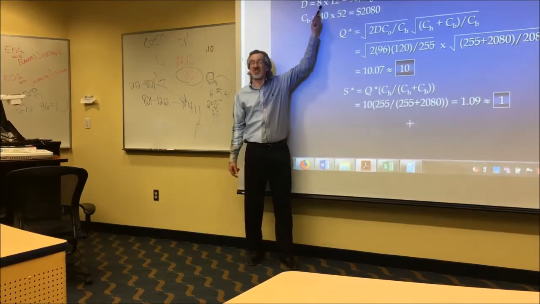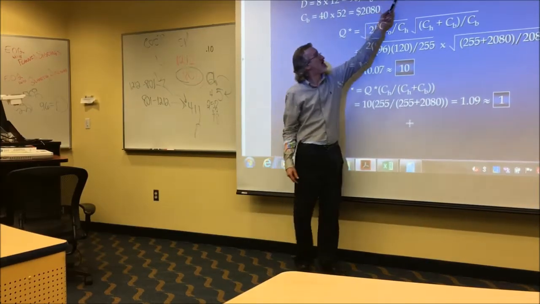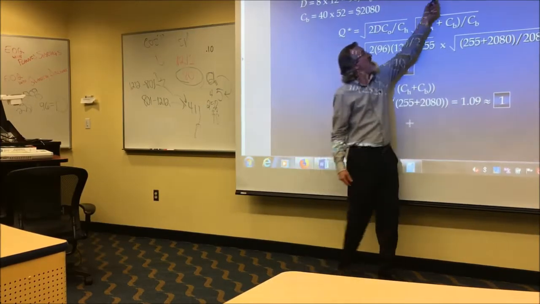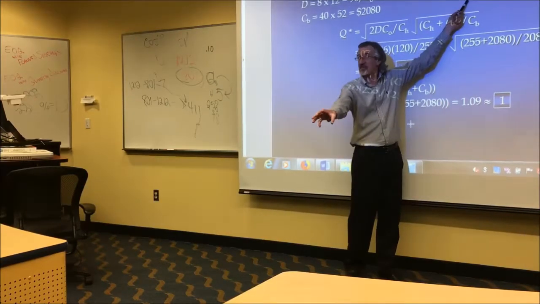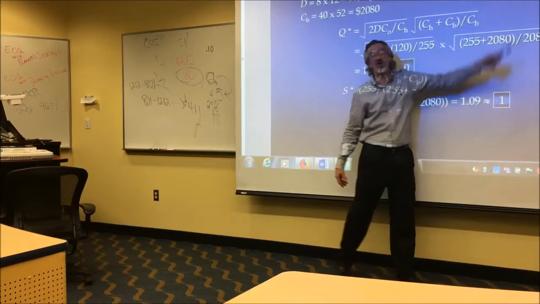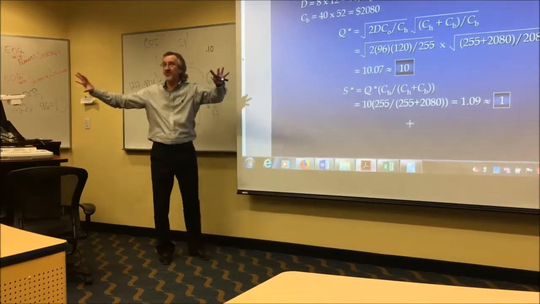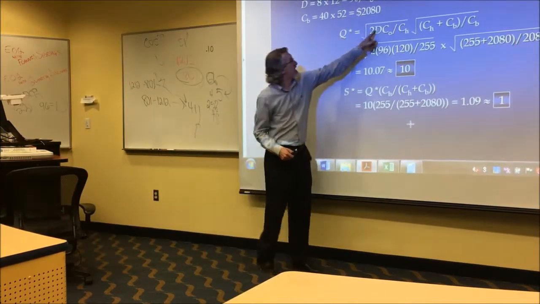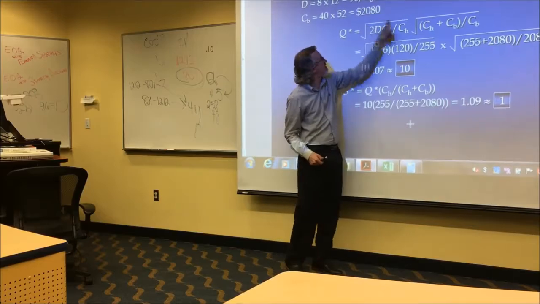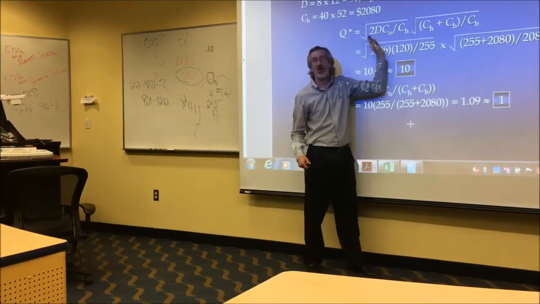Demand: we go through 8 engines a month, 12 months a year, 96 engines. It costs $120 every time we place an order. 30% of the cost of one engine is our holding cost. It was given to us as a percentage instead of a flat number, $255. Now we plug those numbers into the formula and do the math, order of operations, be careful. 2 times 96 times 120 divided by 255, square rooted.